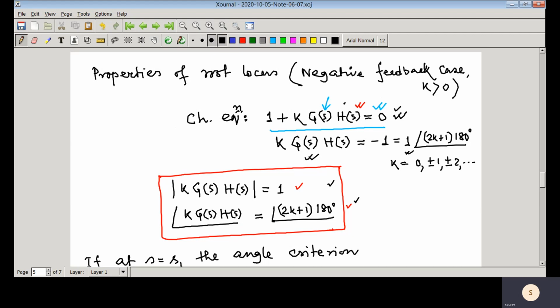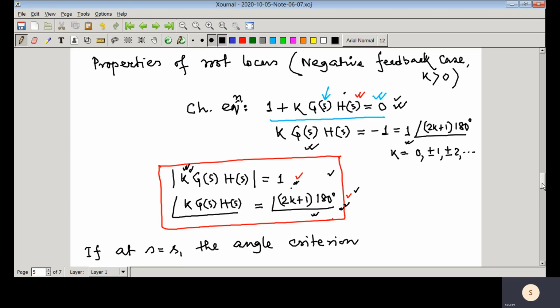Now we are going to show that if it satisfies only the angle condition, then there would always be one value of k so that the gain condition would also be satisfied. So the important thing is the angle condition. When we take a value of s equal to s1, if the angle condition is satisfied, then there is always a k so that the gain condition would be satisfied.